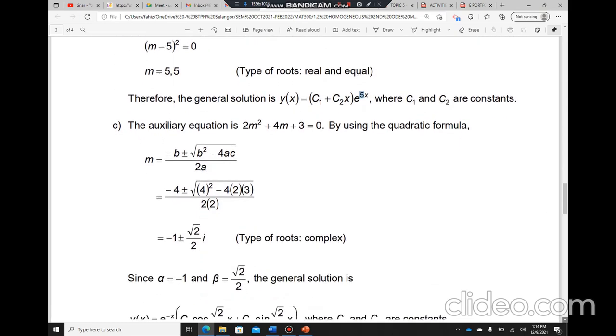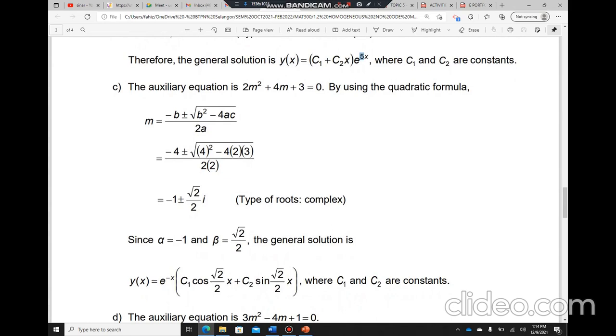Okay, next C, sama juga 2m square plus 4m plus 3 equals to 0. Kat sini kita guna quadratic formula. Okay, so you will get the value of m which are negative 1 plus minus square root 2 over 2 i. So yang ni saya rasa awak dah tahu cara nak guna quadratic formula. Yang ni boleh rujuk pre-calculus MAT300. So cuba tengok balik dalam pre-calculus macam mana dia gantikan kat sini. Sama je lah. Yang ni a, this one b, this one c.